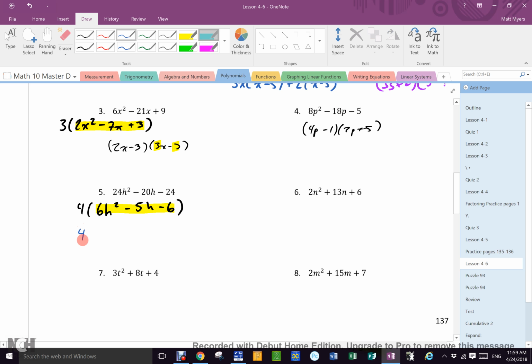Wait, I have a question. Sure. If I had 2p minus 5 and 4p plus 1. Okay. That won't work if you have the plus 1 here and the minus 5 there, because when you expand it, you're going to get 8p squared minus 20p.